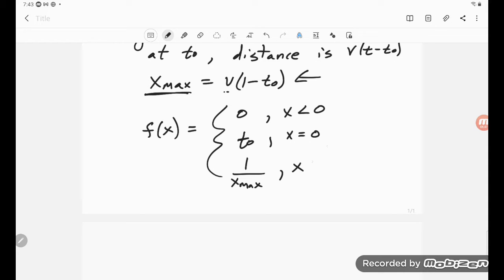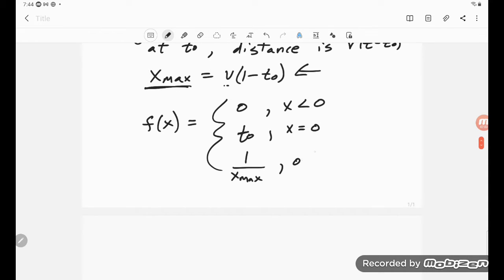X greater than 0. And of course, it will only go to x max, and then after that, it's 0 again. So actually, I suppose I should probably write that a little better: 0 less than x less than or equal to x max.